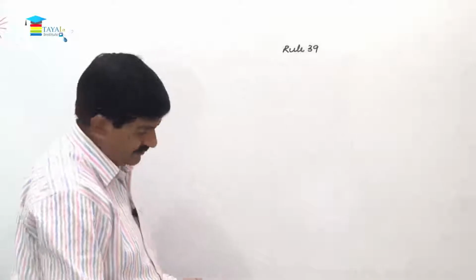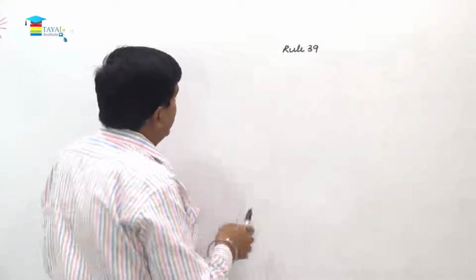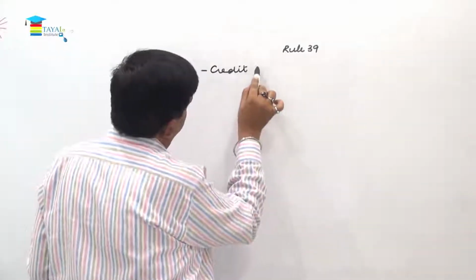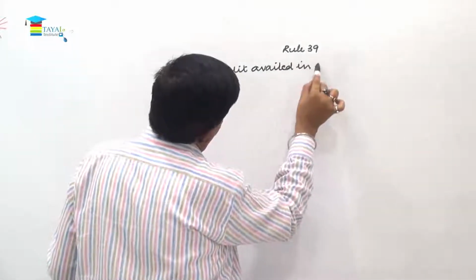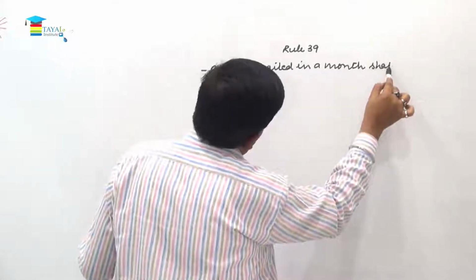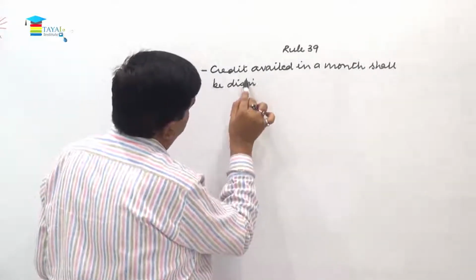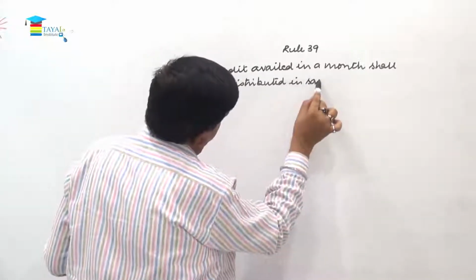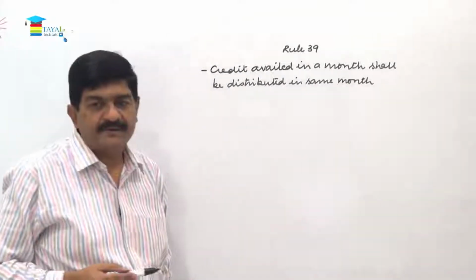This says credit availed in a month shall be distributed in the same month.